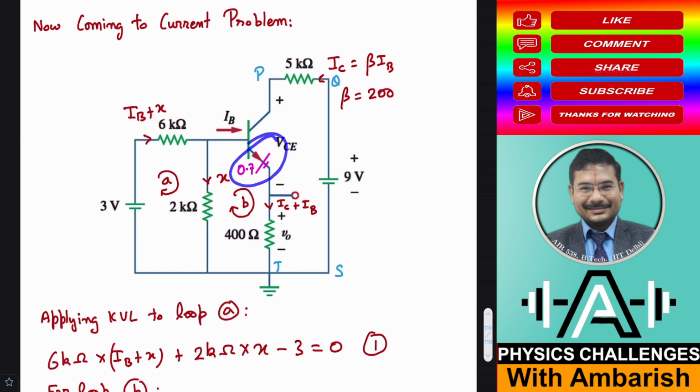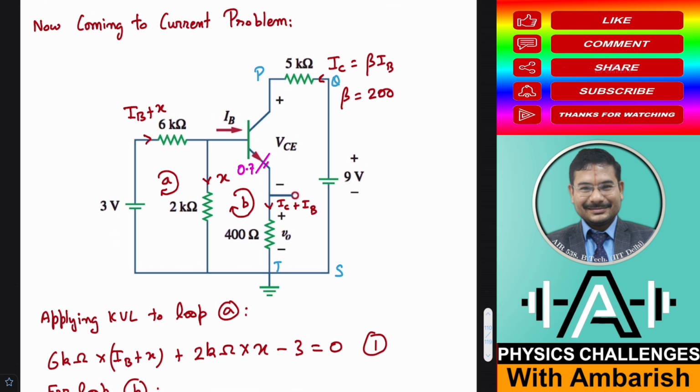Again, this 0.7 volt I have put here for the modeling that I explained. How do we model the DC equivalent of transistor? Okay, and here the current is IB, so here the current is beta times IB in the collector. Okay, so beta is given as 200. This was given in the problem, beta 200. Other things I have just marked for the purpose of illustrating.